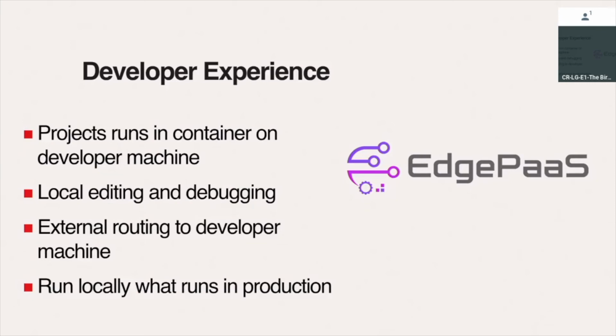The other super important thing that they get is external routing to their laptop. So they start up their service on their laptop, and they get a URL on the Netflix domain. It supports all the cookies and things like that we have. And that way they can test their service running on their machine from, let's say, a device.